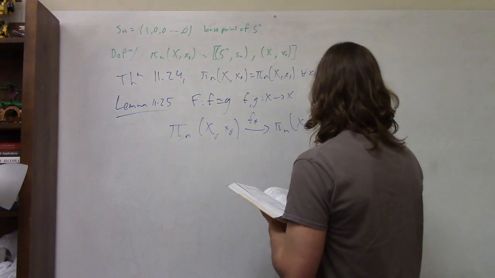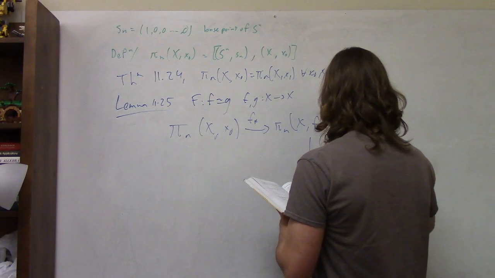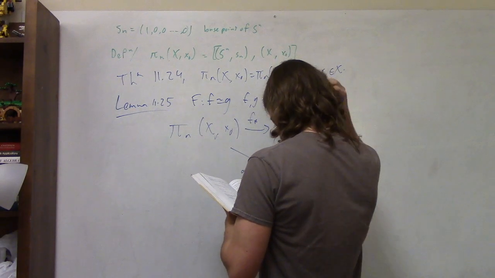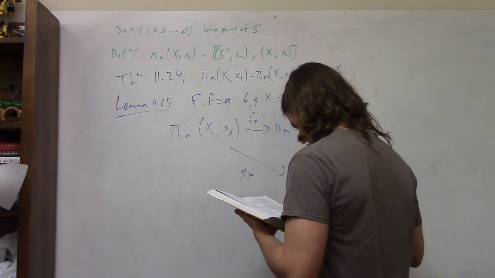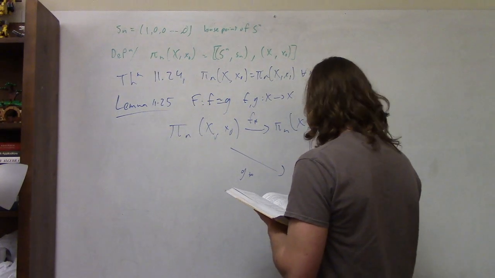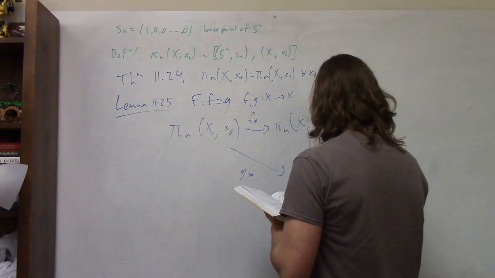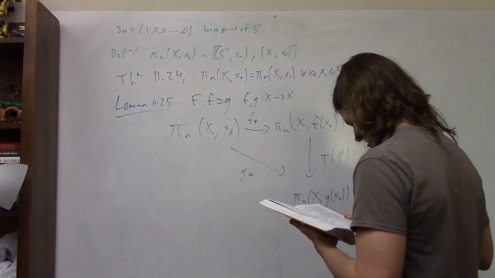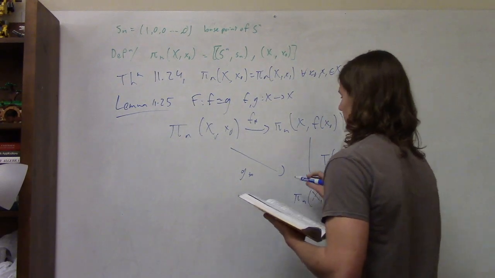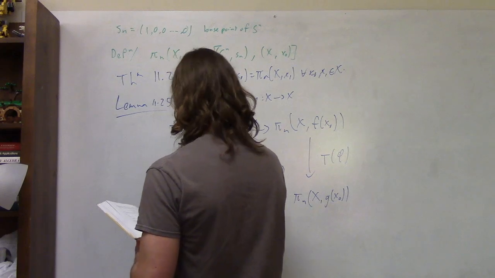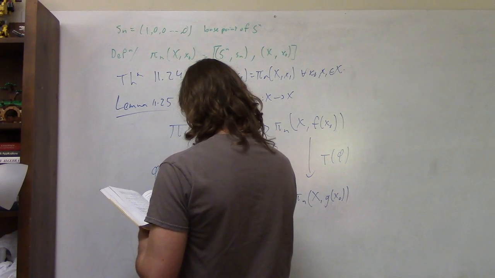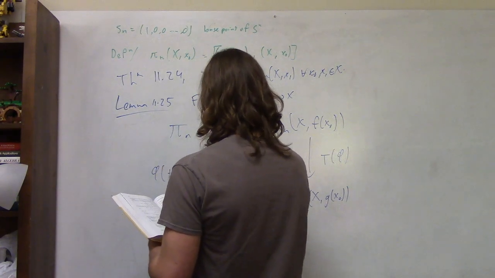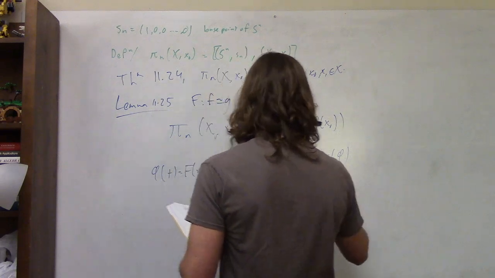A free homotopy is just a regular one. And if we have (X, G of x0), then for each phi, where we define phi of t equal to F of x0 comma t, we get this family.